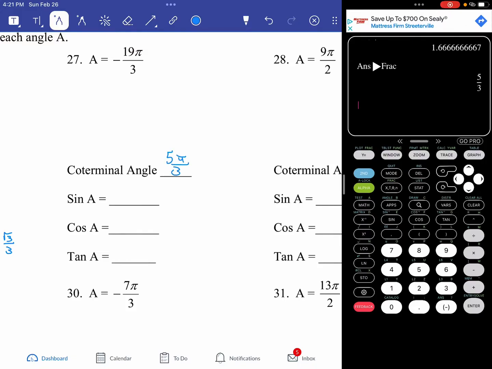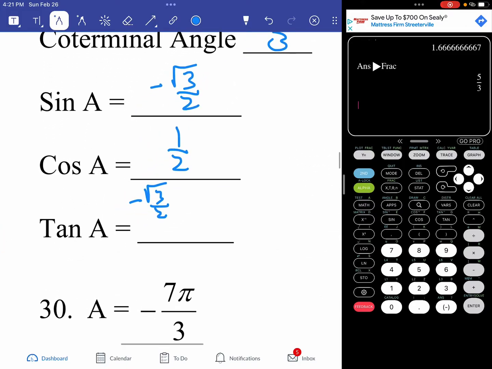Looking at 5 pi over 3, I have negative root 3 over 2. I have 1/2. And the tangent is going to be negative root 3 over 2 divided by 1/2. Multiply by the reciprocal of the denominator to get it off there. All this stuff cancels. The 2's cancel. I'm left with negative root 3.